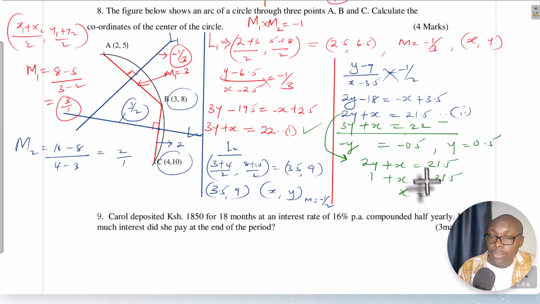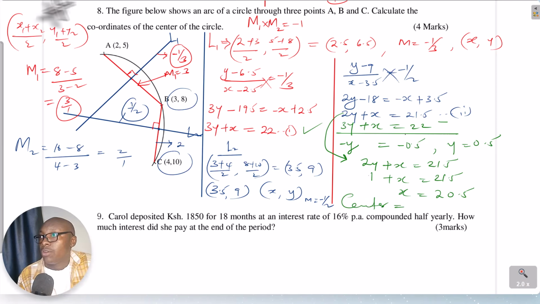So x is equals to 20.5. So therefore, the center of the circle will be given by (20.5, 0.5). So that is how we get the center. We go to question 9.